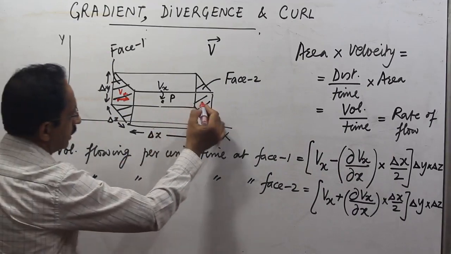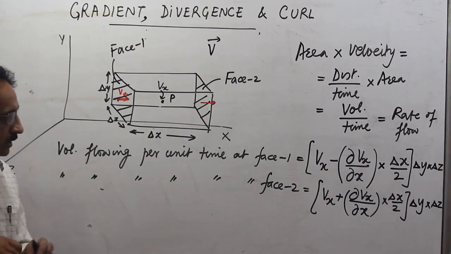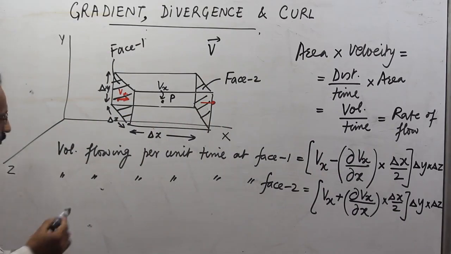Now this gives us a difference of two velocities.